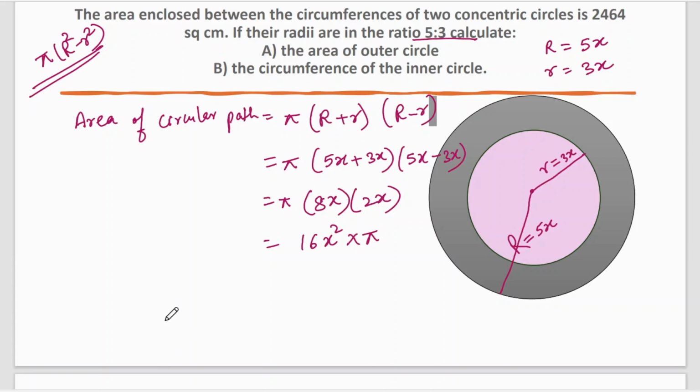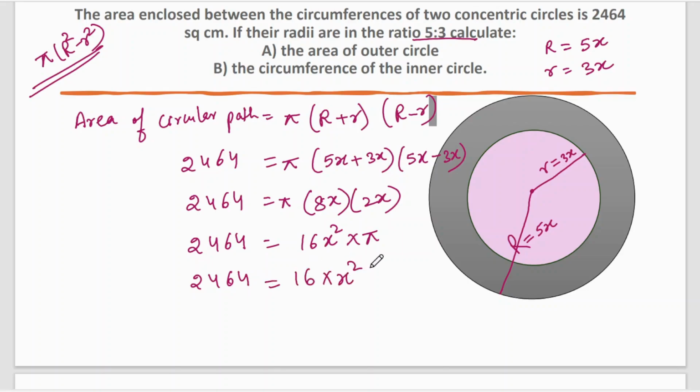This is the area of the circular path, and that is given, that is 2464. That means area of circular path equal to 2464, and that equals 16x square into pi. So now we can keep the value of pi. So it is 2464 equal to 16 into x square into 22 by 7.